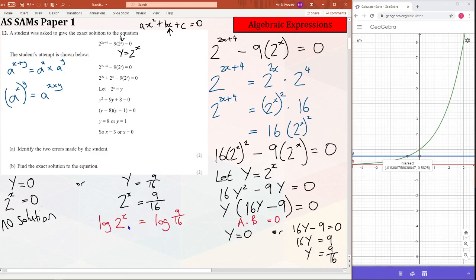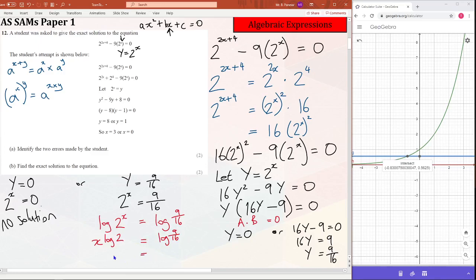You could use ln as well, and I'll show you that later using GeoGebra. So using log rules, I'm bringing this exponent down using the power rule. So log 2 to the power of x is the same as x log 2, and then I've got log 9 over 16 here.